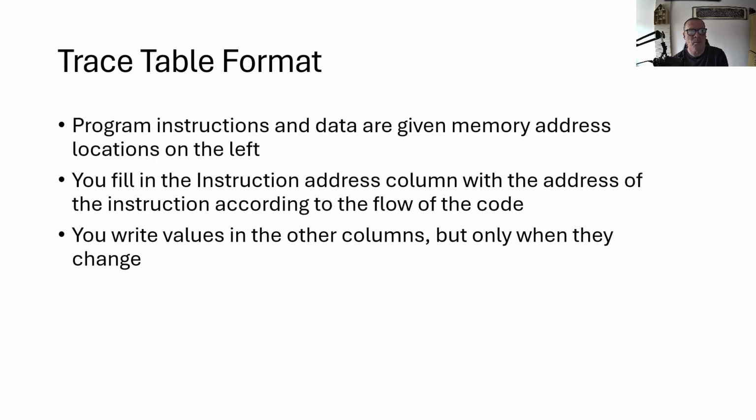So we're going to look at the format of the trace table in a moment. You'll be given the program instructions and the data with memory addresses. And then you've got to fill in the instruction address with the address of the instruction that you think is going to be running at that point in time, at that step, and any values that change.